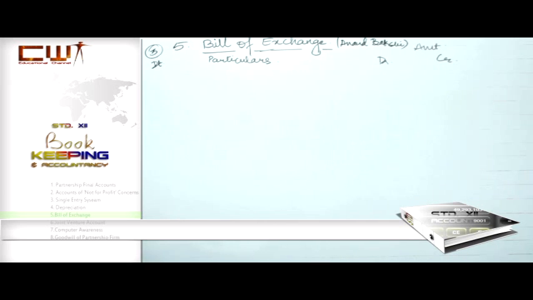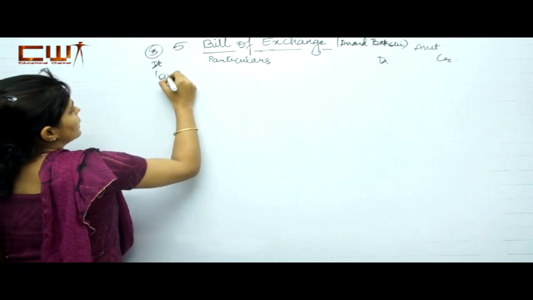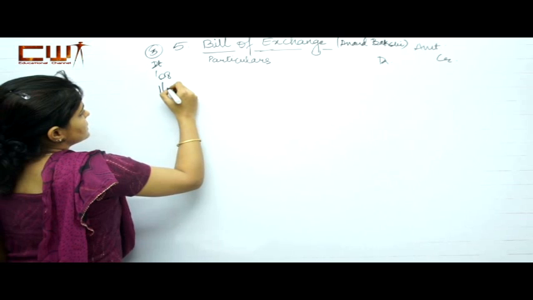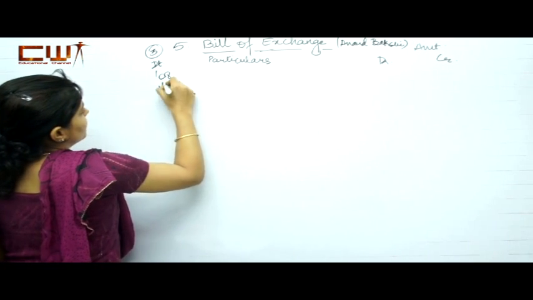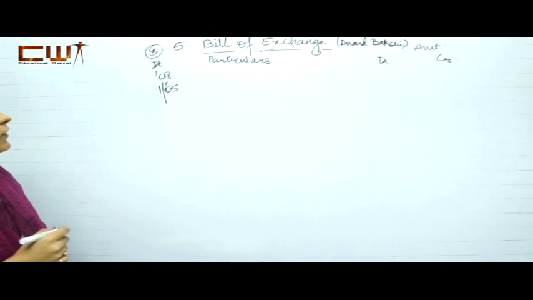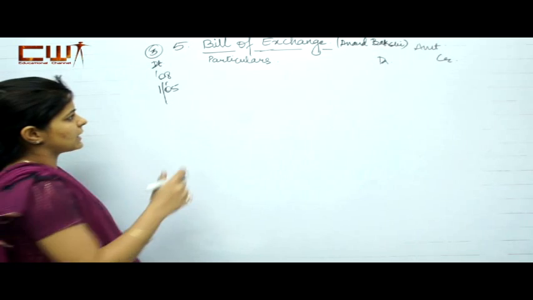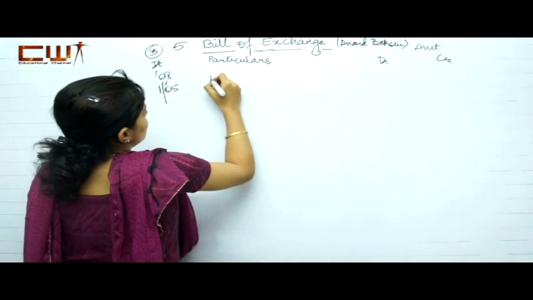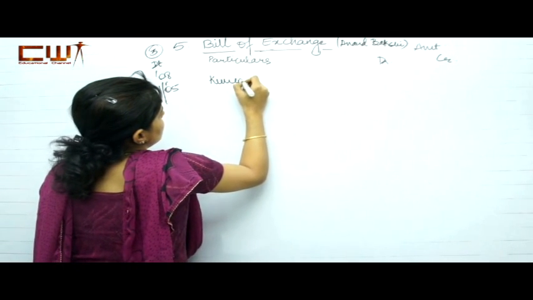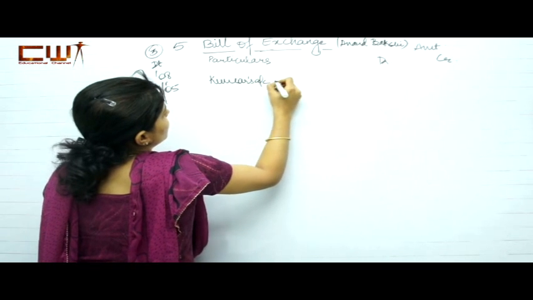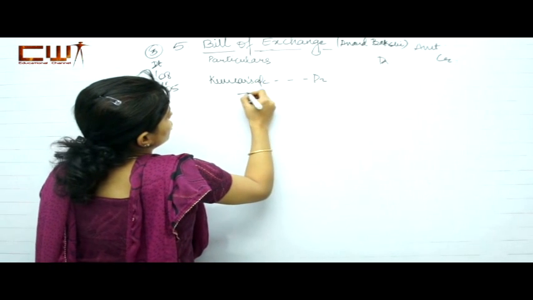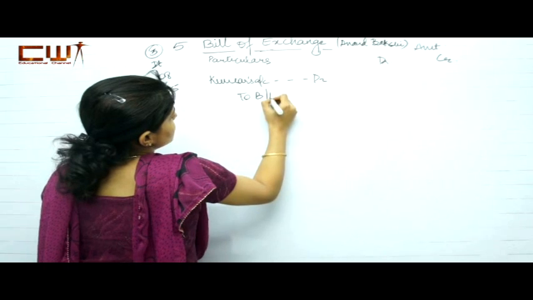So when is the bill drawn? 1st May, the bill is drawn. So how much is the bill for? 4000. So you are accepting the bill. Who has drawn the bill? Kumar. So Kumar's account is debited to bills payable.